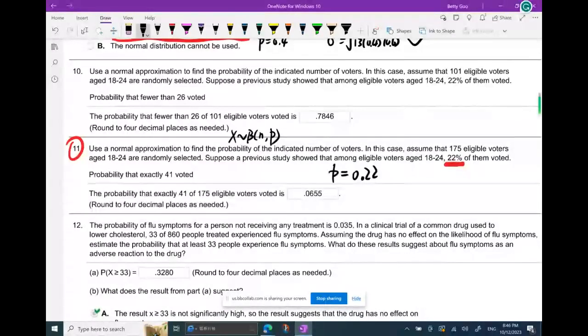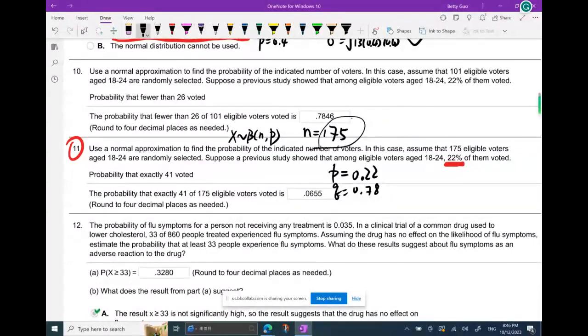And the q, of course, is going to be 0.78. Then you keep doing the same trial over and over again until you have 175 participants. So that is 175 trials. The number of trials is 175. I don't have to check np and nq, I know they're going to be past 5 for sure because this is a large number.